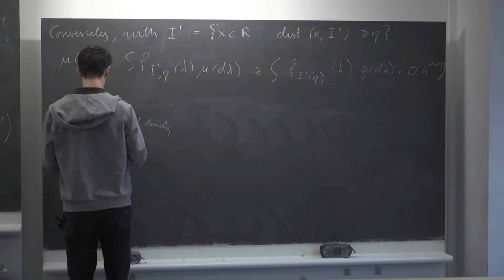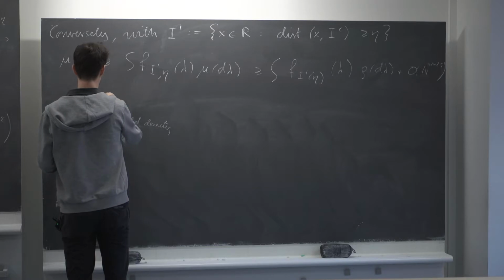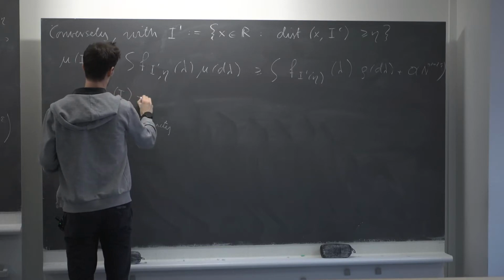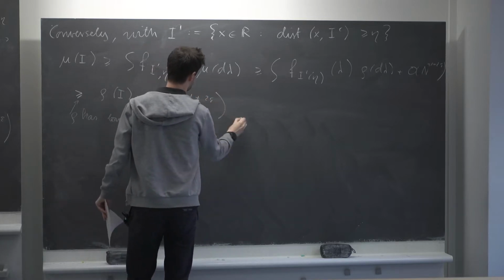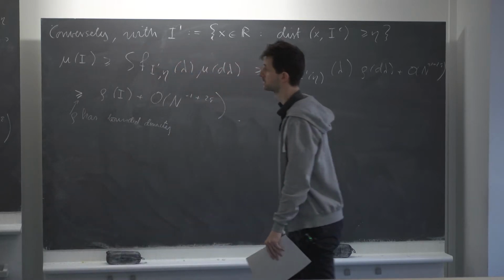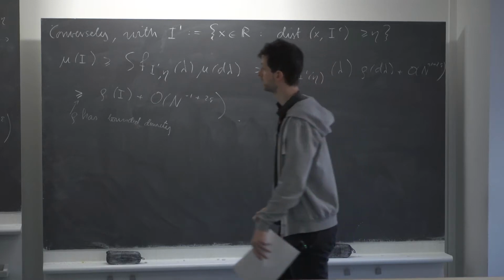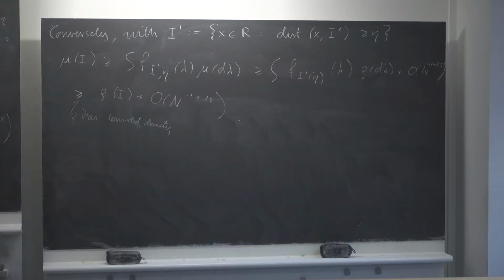Which means that's the end of the proof for the case where I is in this interval.